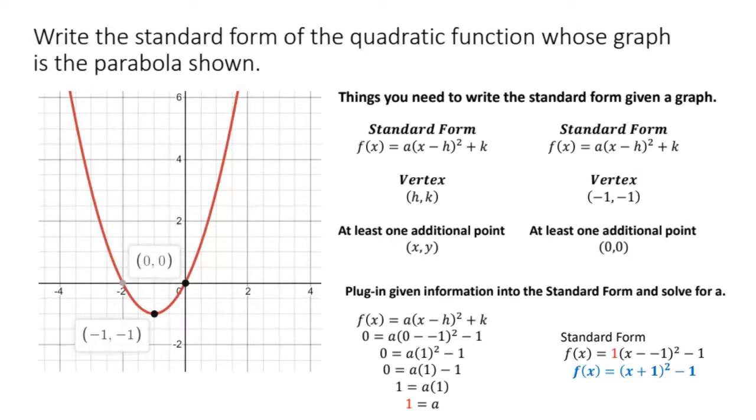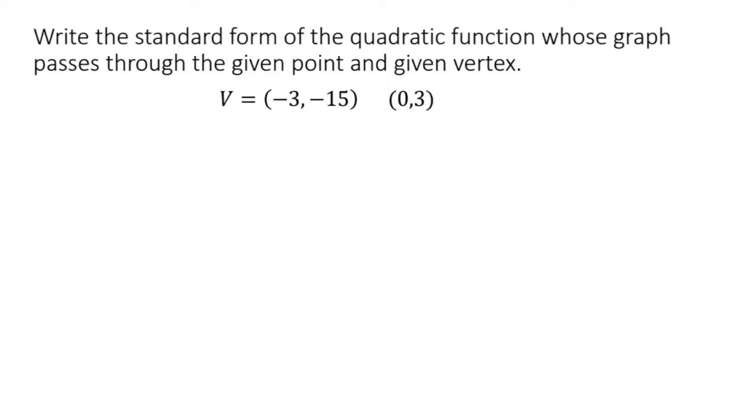We know that this parabola got shifted 1 unit to the left, 1 unit down. If I put the vertex into the formula, it's going to give me x plus 1 squared minus 1. So the first part is picking a point to see if our parabola either got stretched or shrunk. Yes?